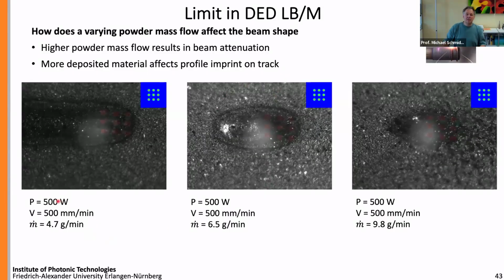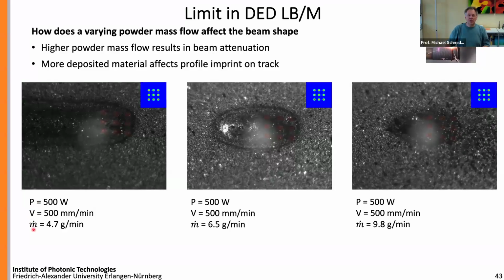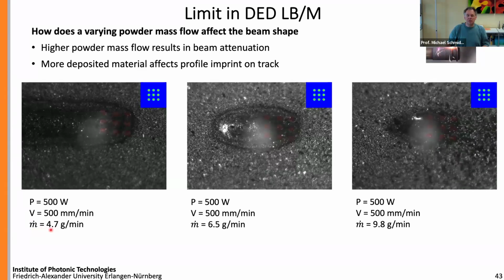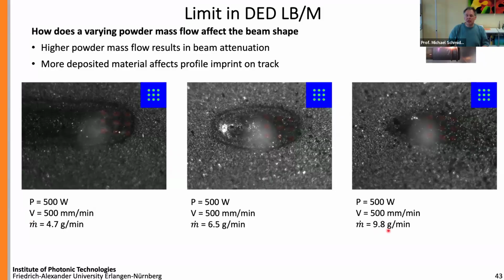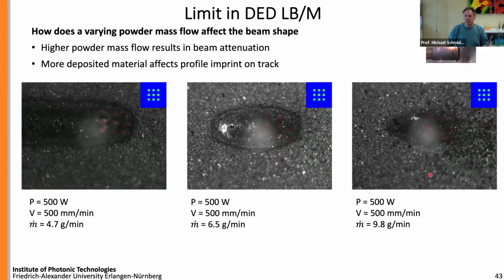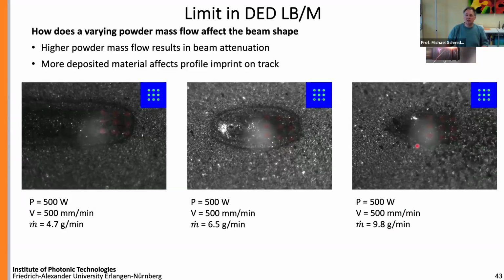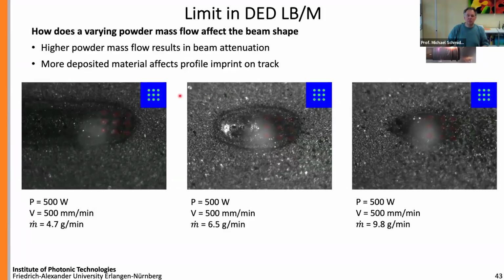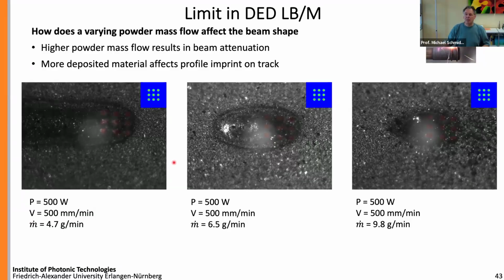As you can see here, we had the same power, the same feed speed, but we went up with a mass per time from 4.7 grams per minute over 6.5 to 9.8 grams per minute, which, and you can see it in the high-speed video, is really a lot, and it's just shown here for one programmed beam shape, which is 9 dots in a quadratic shape.